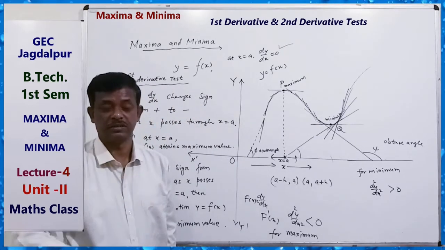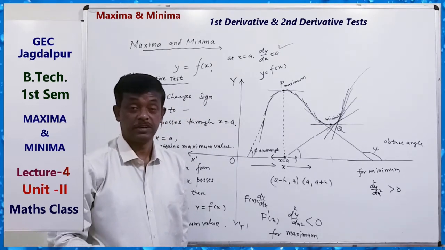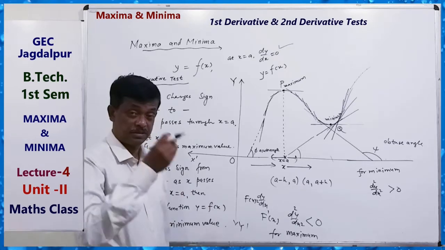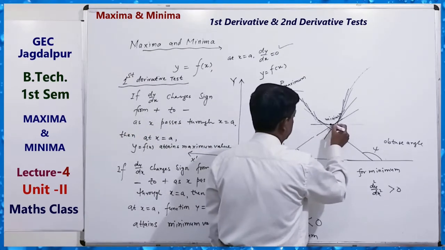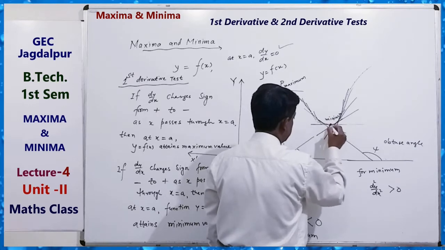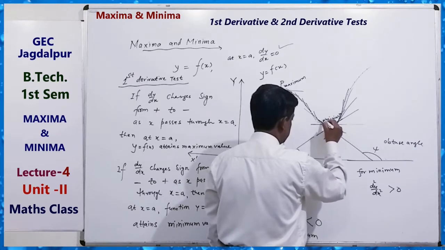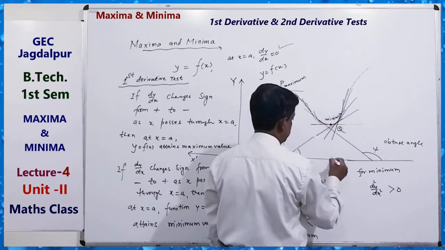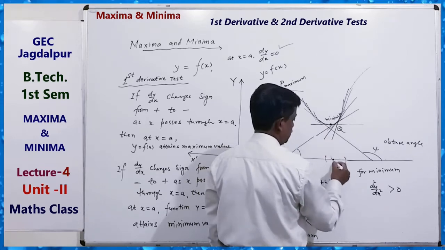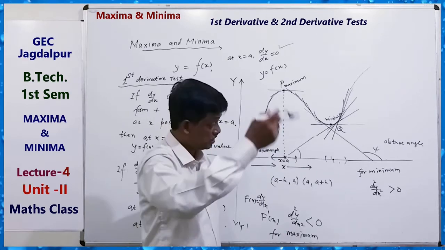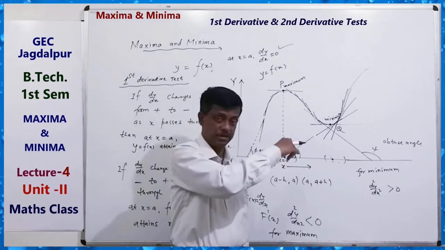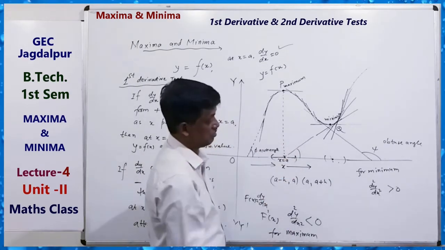The derivative of the function is greater than 0 because the derivative itself is a function. So in this interval, this will be an increasing function. So its derivative, that is the derivative of the derivative, is greater than 0 for a minimum.